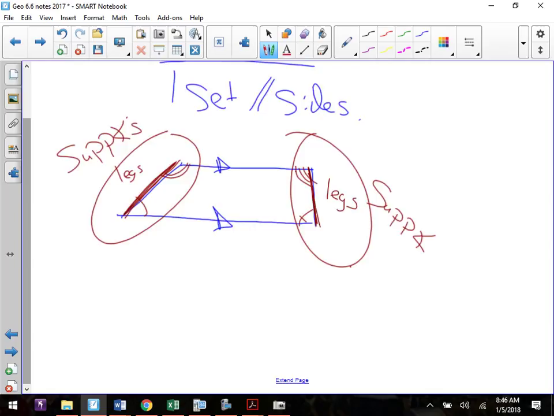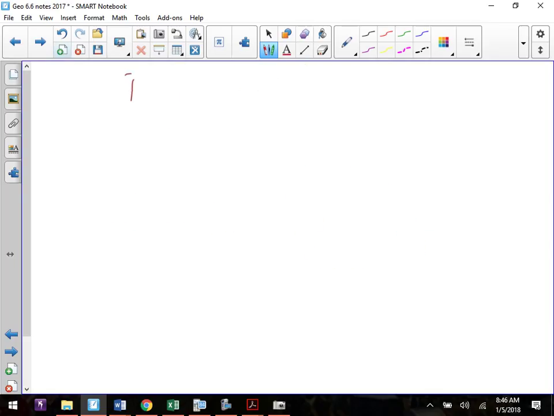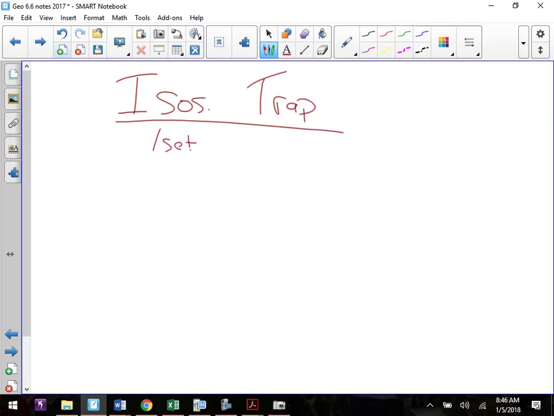The isosceles trapezoid still has one set of parallel sides, but it has congruent legs. It has congruent legs.